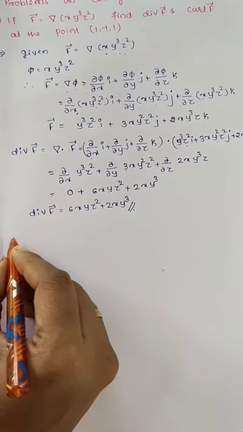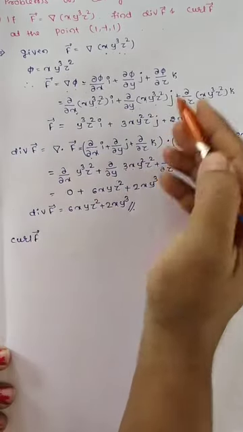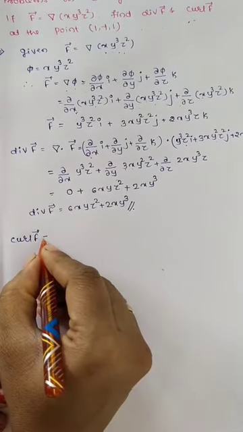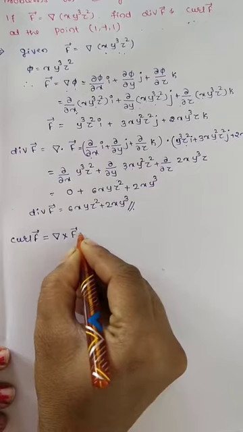Now the next concept is we have to find the curl f. Here they ask to find the curl f also. As we already know, the curl f is nothing but a cross product, del cross vector f.